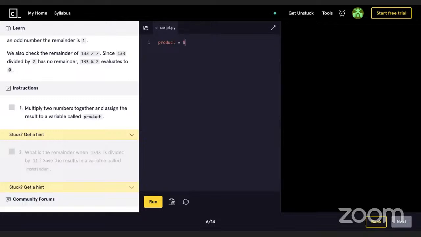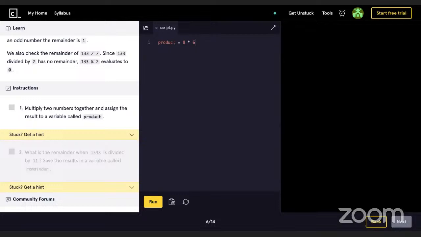Then put a space, and then the multiply sign, which is the star, not really the hashtag, but I'll type it in chat again. Then put a space and put any number between 1 and 9 as well.